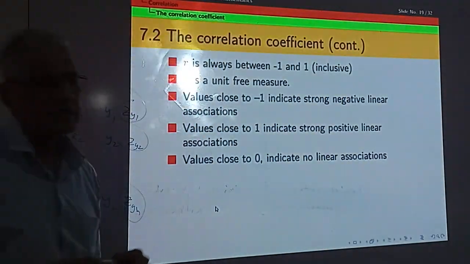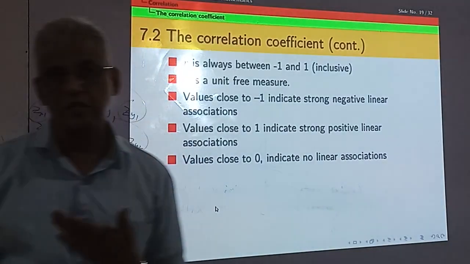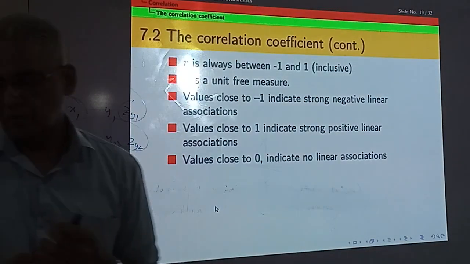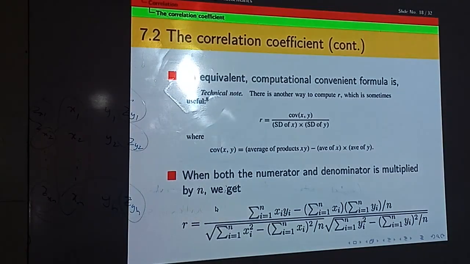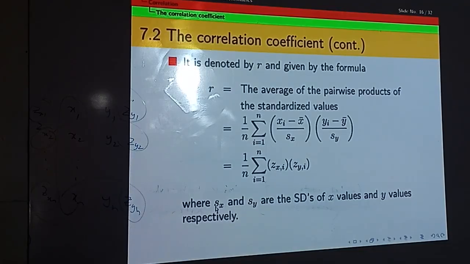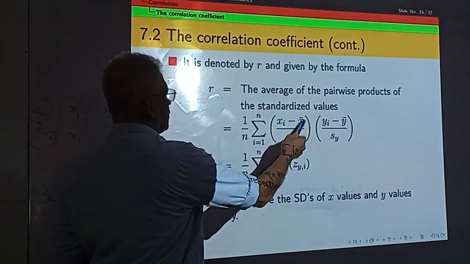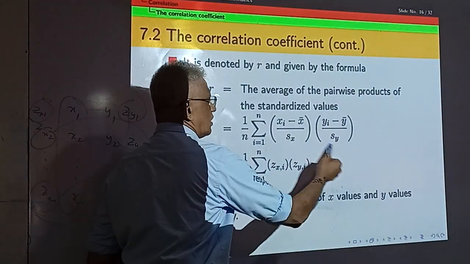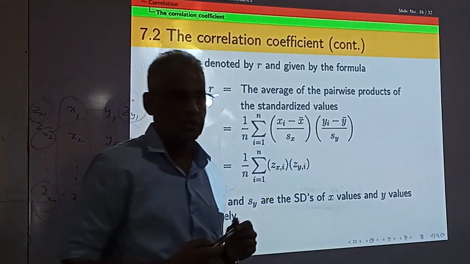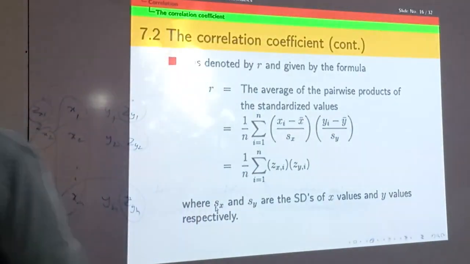And the other thing is, R is a unit-free measure. Right? Because when you take the standard units, as I mentioned earlier, this quantity is unitless, this quantity is unitless, therefore the product is unitless, and therefore R will be unitless.